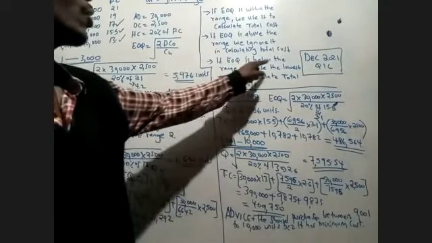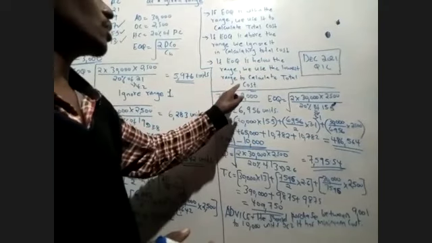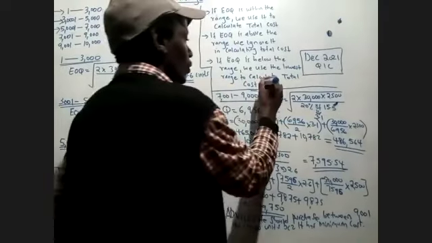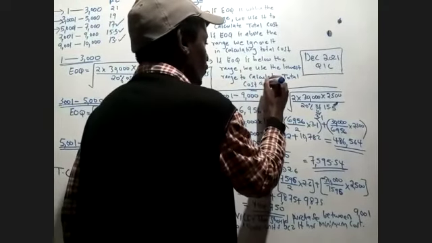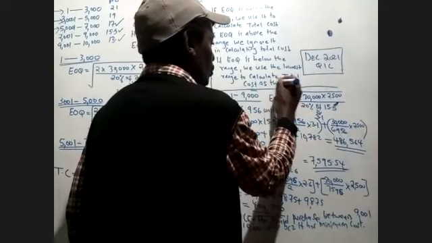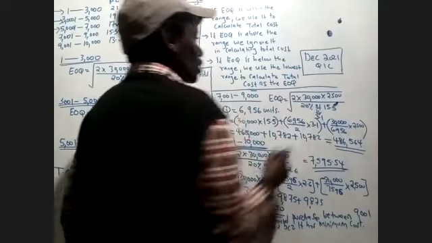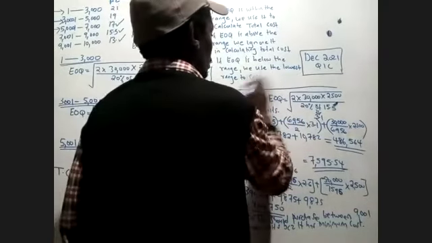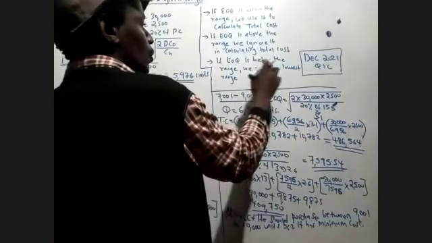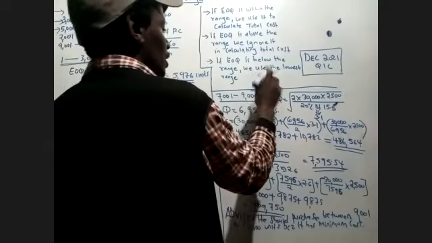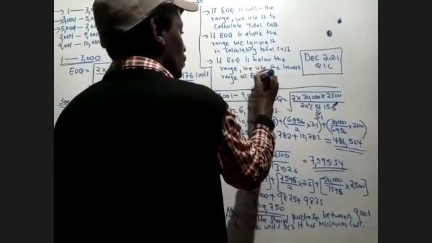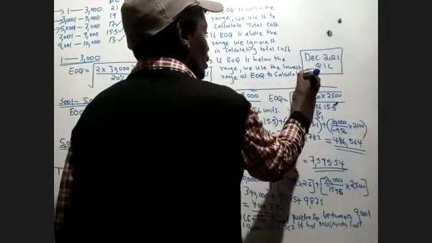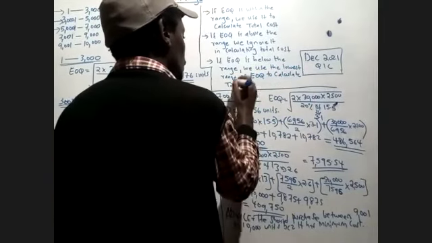Now, if EOQ is below the range, we use the lowest range as the EOQ to calculate the total cost.